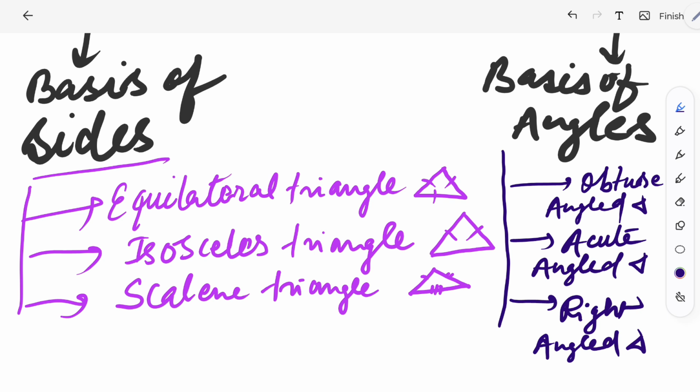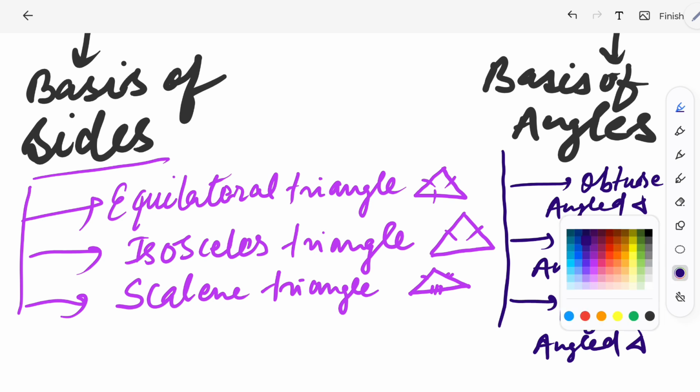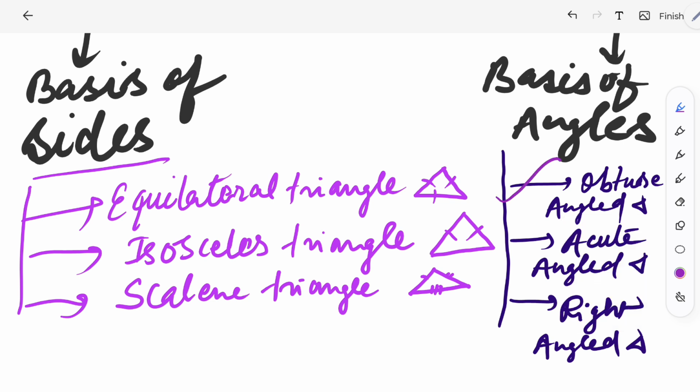So these are the categories of triangles on the basis of sides and on the basis of angles.